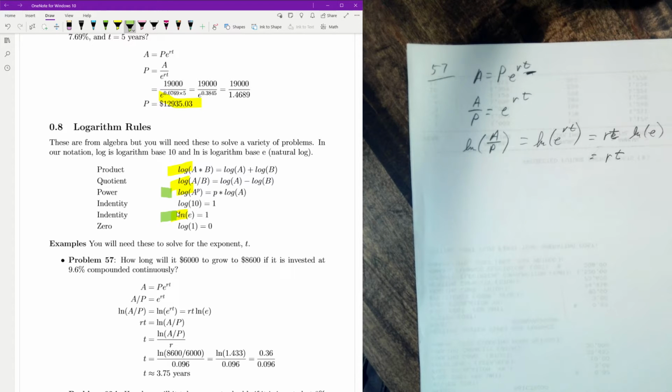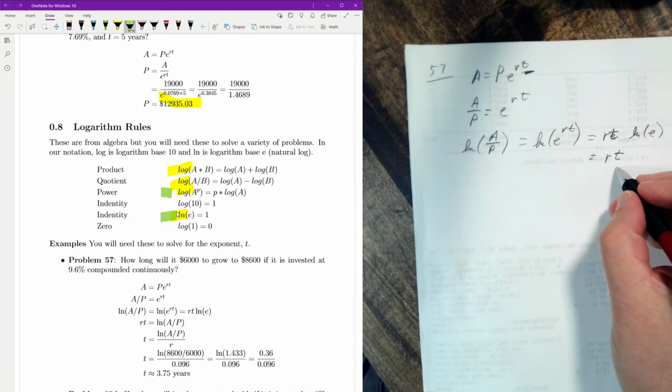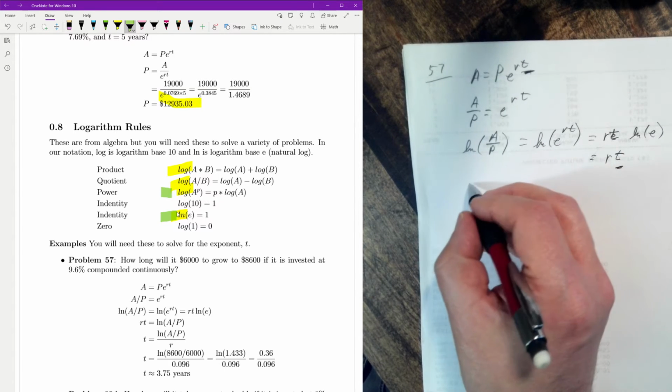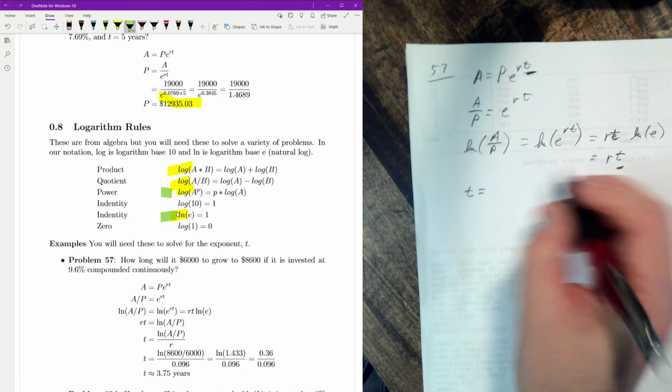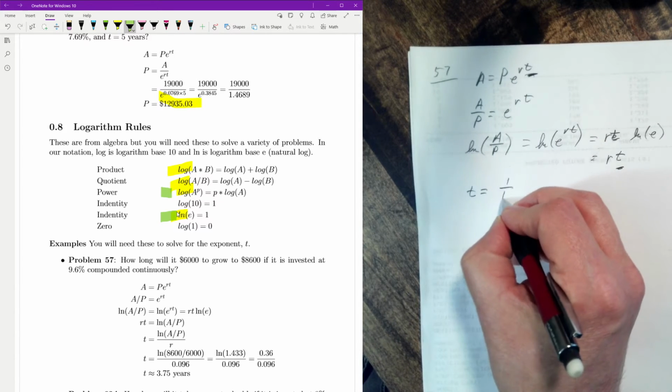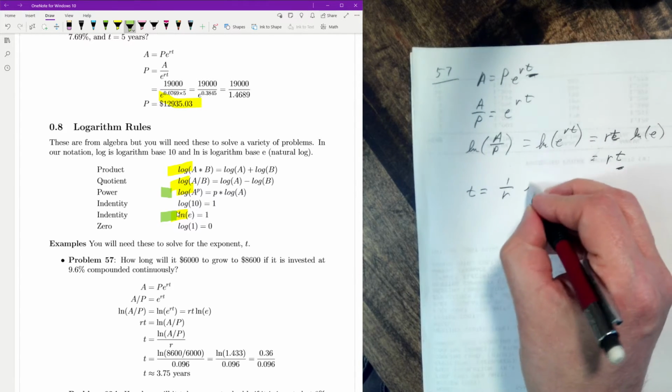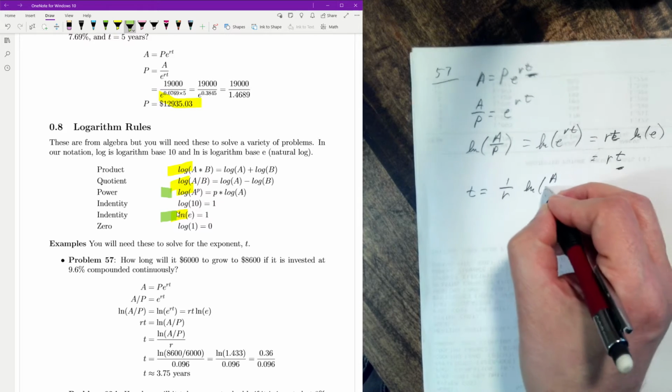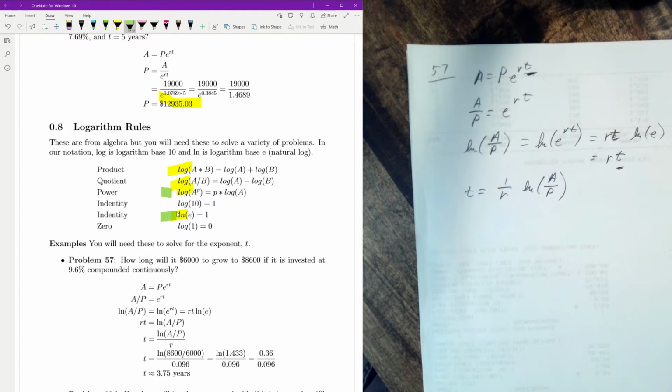Good. Now, t is simple. So we're still solving for t. So now, t is equal to 1 over r, we're dividing both sides by r, ln of A divided by P. Okay?